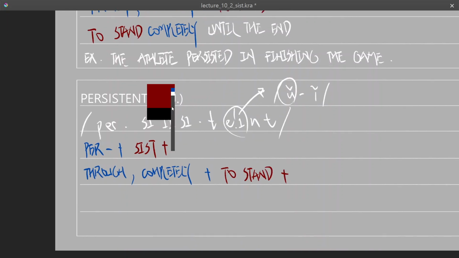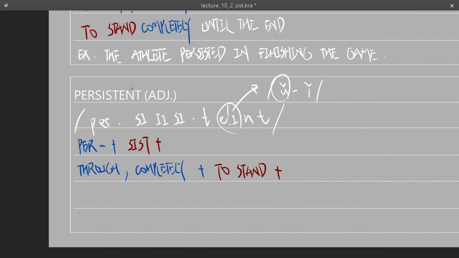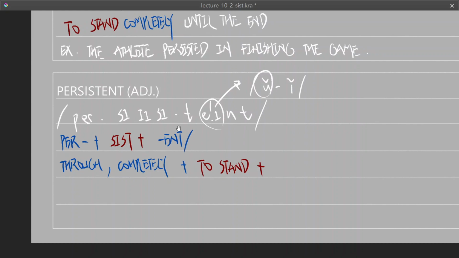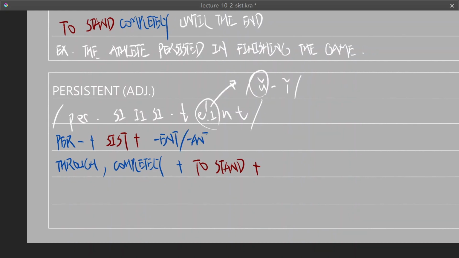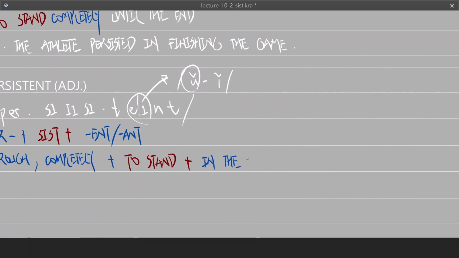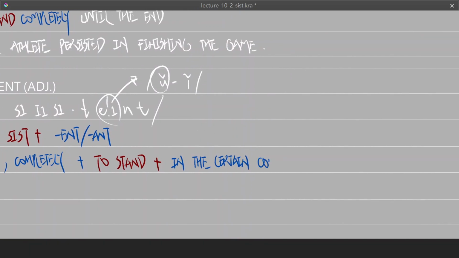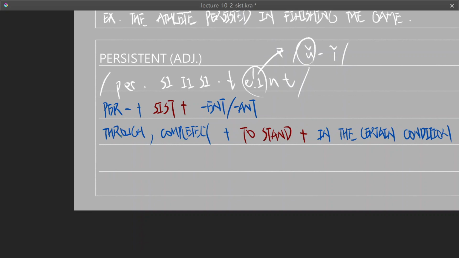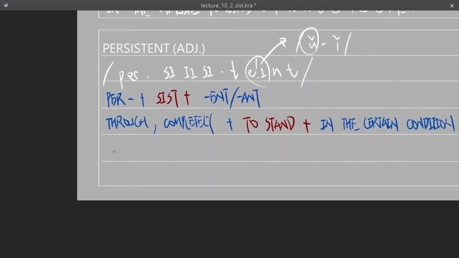And we have the common adjective suffix ent, or its variant ant, meaning in the certain condition. Cool. So persistent literally means in the condition of standing completely until the end.